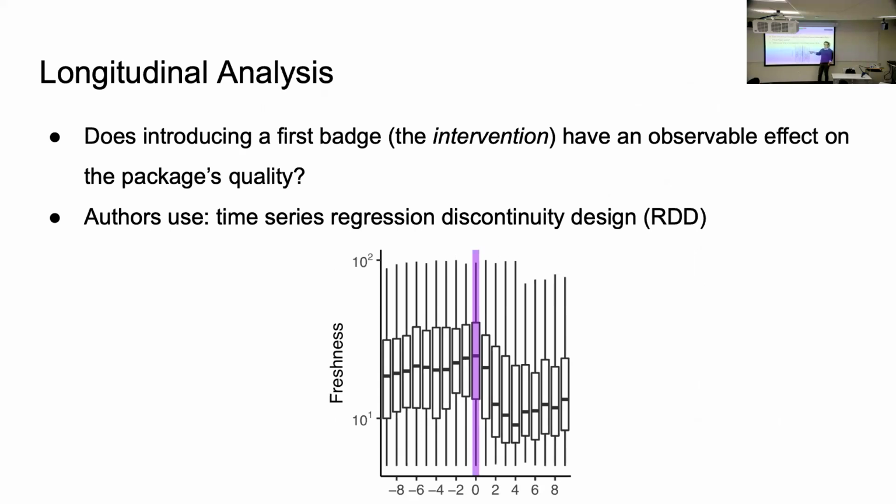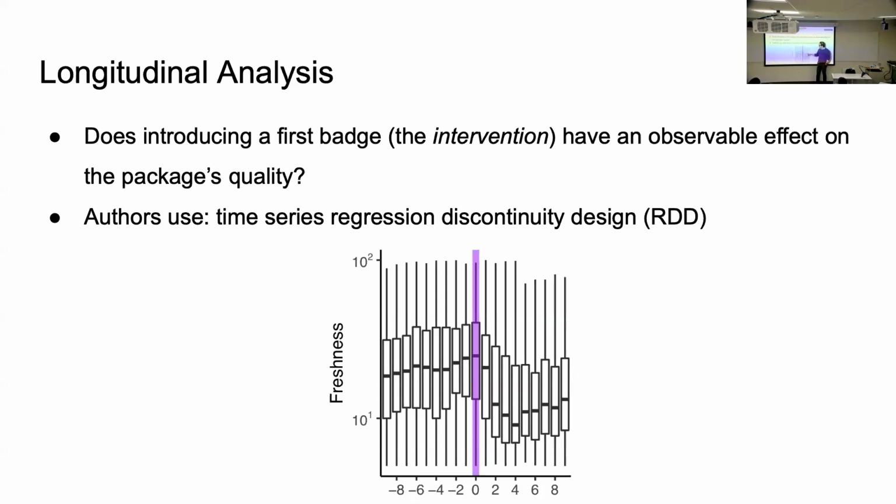So every project being analyzed in this sample contributes 18 data points or something, 19 data points. And this is the distribution of the values of those freshness metric across this entire sample of however many tens of thousands of projects. And I think the horizontal line here is the median of this box line. That tells you kind of what the shape of this is.